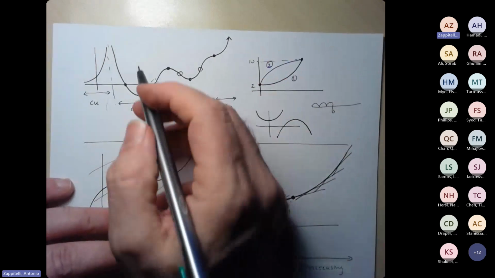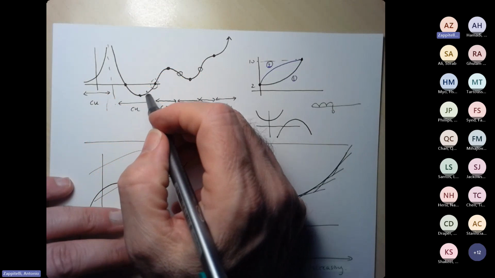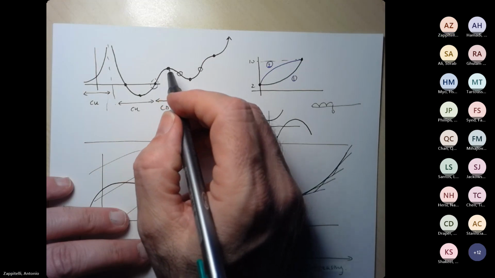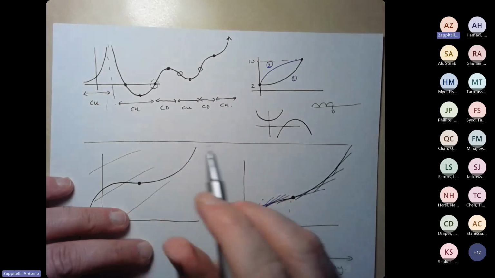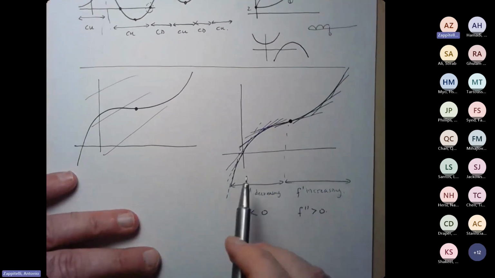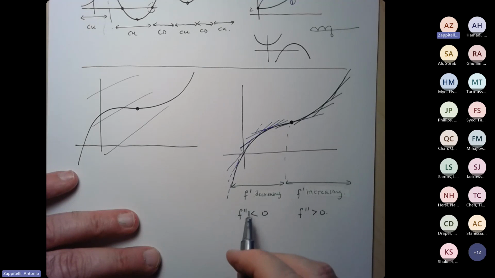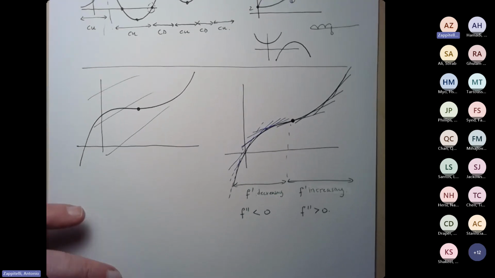And we start to see that wherever the derivatives are increasing, it's concave up, and wherever the derivatives are decreasing, it's concave down. Okay? But since we're talking about the derivative decreasing or increasing, we have to look at the sign of the second derivative.